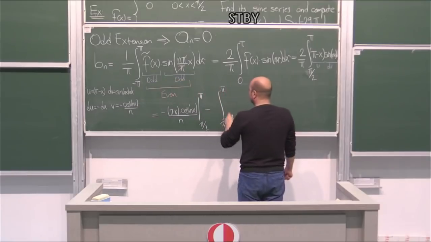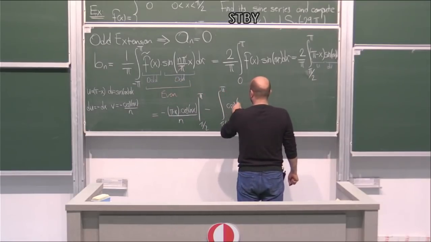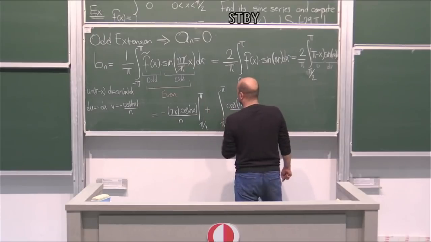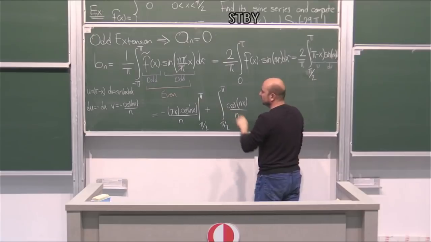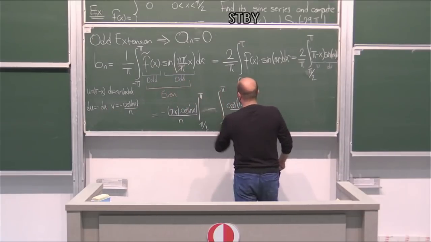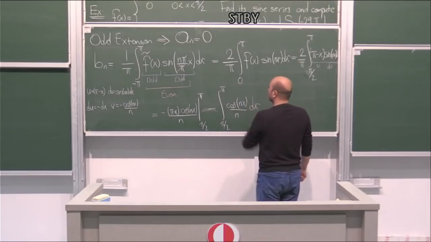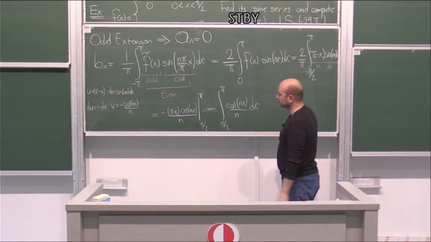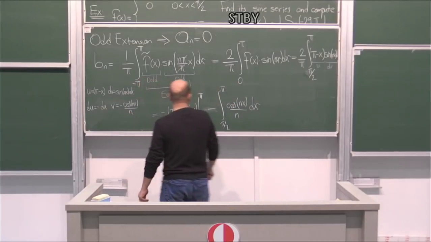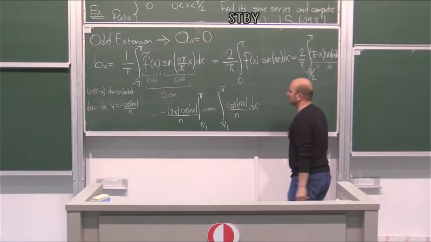Now v is cosine nx over n with a minus, so it makes it plus. But du is minus dx, so it makes it minus again. If you multiply these two, you get plus. So we go back to the old version.